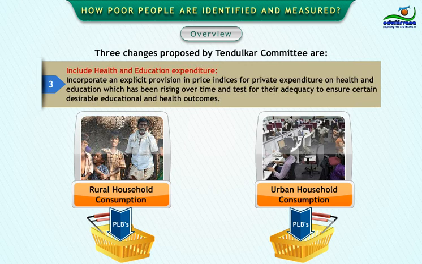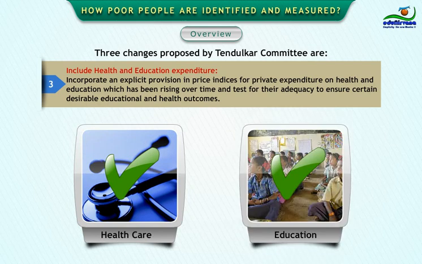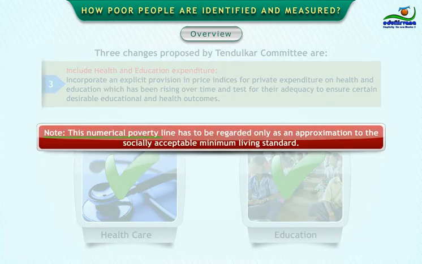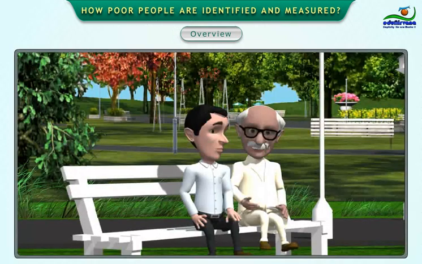Third, incorporate an explicit provision in price indices for private expenditure on health and education, which has been rising over time, and test for their adequacy to ensure certain desirable educational and health outcomes. This numerical poverty line has to be regarded only as an approximation to the socially acceptable minimum living standard.